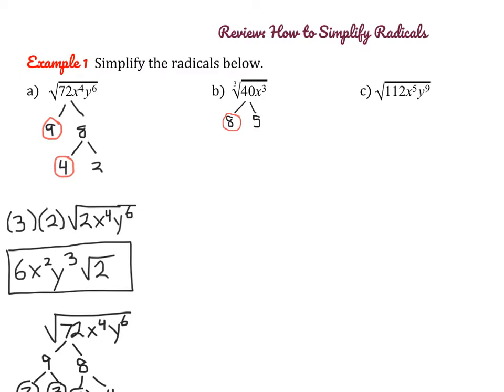So we have 2, and the cube root of 5 is still left inside. For x cubed, we have a cube root, so we ask how many times does 3 go into this exponent of 3, and it's once. So it's just 2x times the cube root of 5.